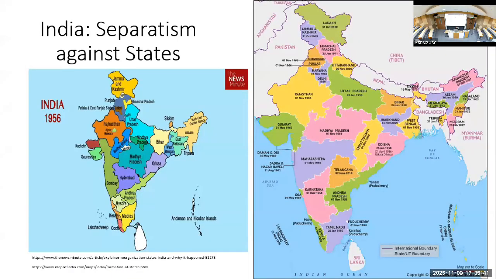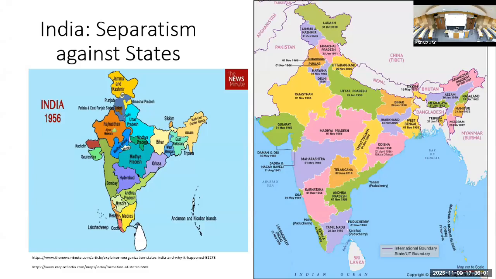Next, let's look at India. India is very interesting. On the left is a map in 1956. On the right is 2019. You can see the state boundaries have been redrawn and many new states have emerged. Why?